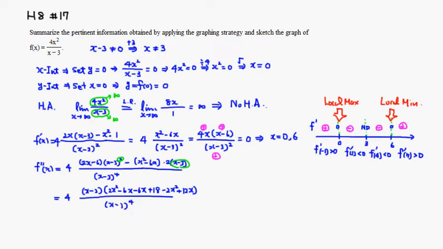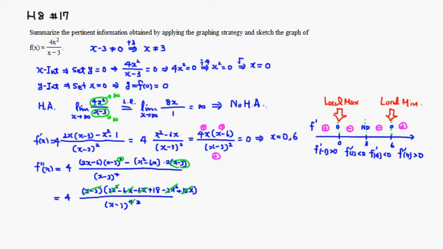So we can cancel x minus 3 and one of these guys and turn it into a cubic power, and also we can cancel 2x squared and minus 2x squared, and you have a negative 6x, negative 6x, and a positive 12x.